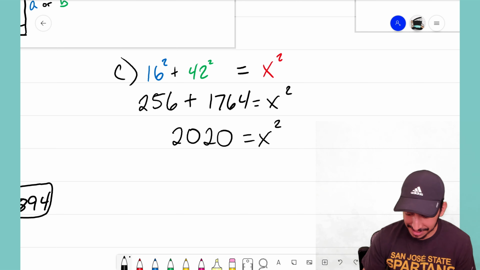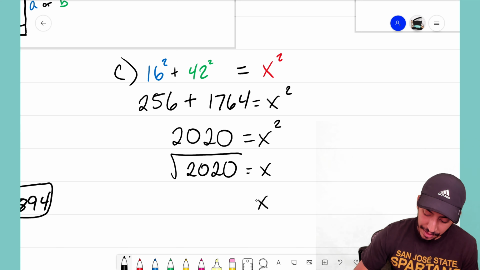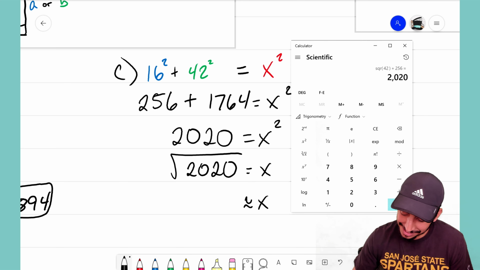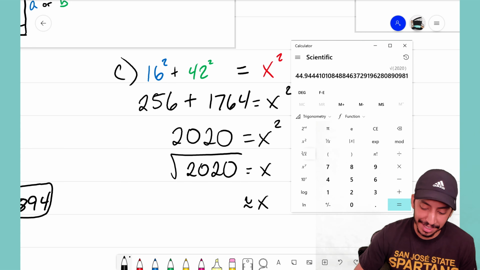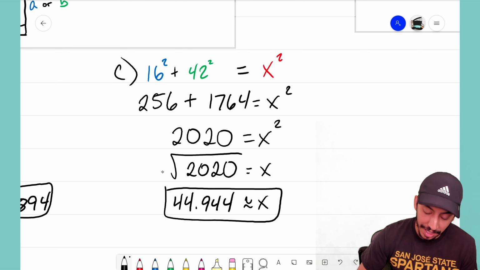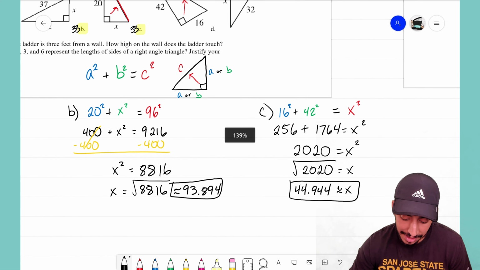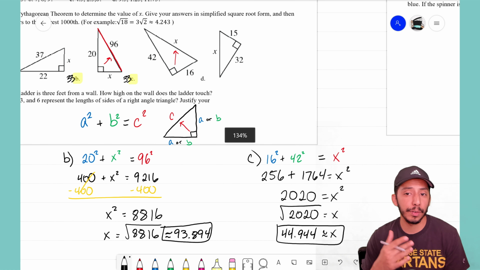Again, we want what x is. So we're going to write x equals the square root of 2020. And the square root of 2020 is 44.944.